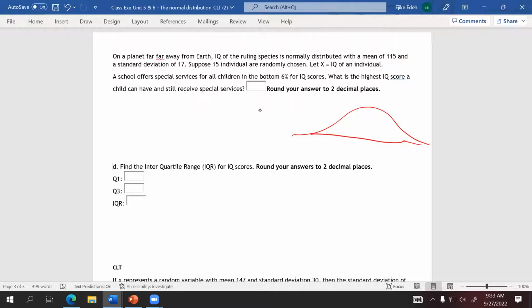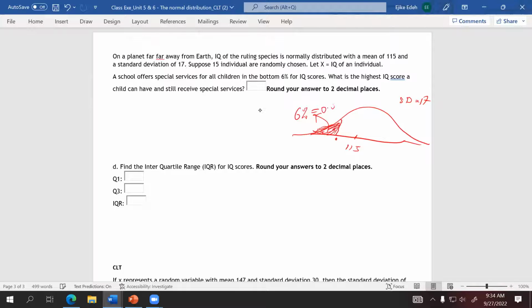If this is your normal distribution, we know that the mean is 115 and the standard deviation is 17. The question is, what will be the score here if this shaded area represents the bottom 6%?